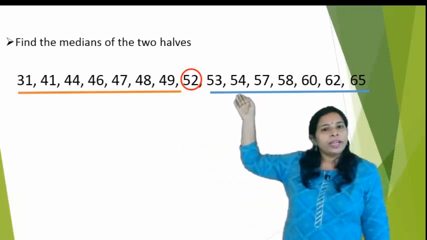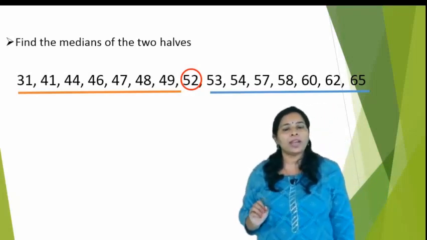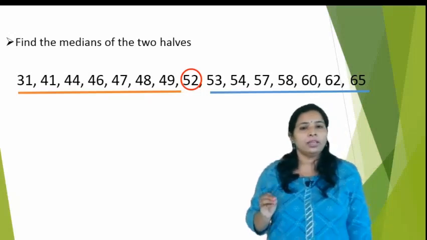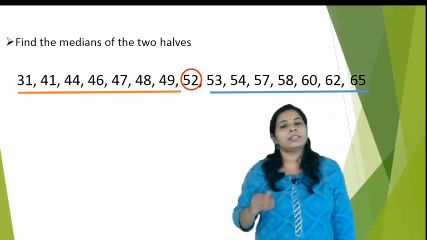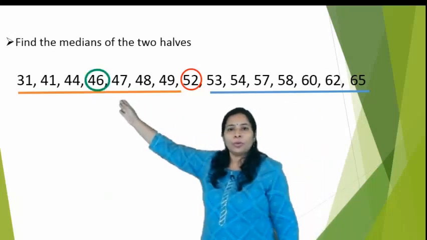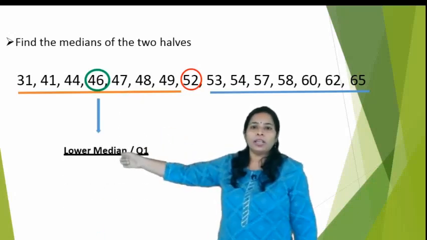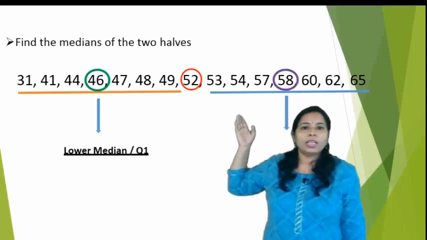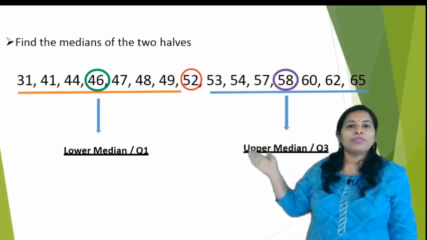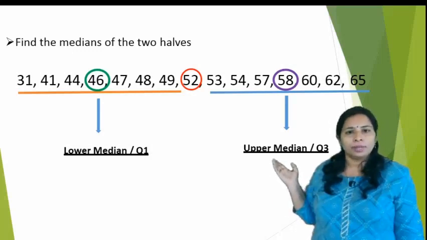To find the median of these 2 halves, we calculate 7 plus 1 divided by 2, which is 8 divided by 2, the 4th item. In the first half, 46 is in the 4th position, so 46 is the lower quartile, Q1. For the second half, 58 is in the 4th position, so 58 is the upper quartile, Q3.